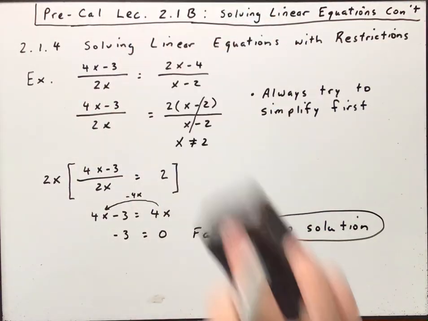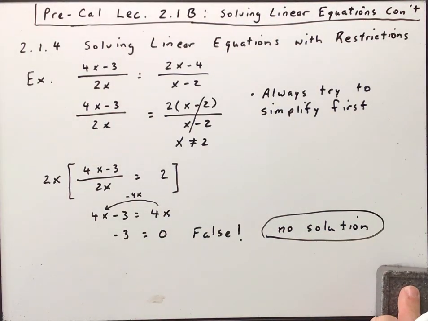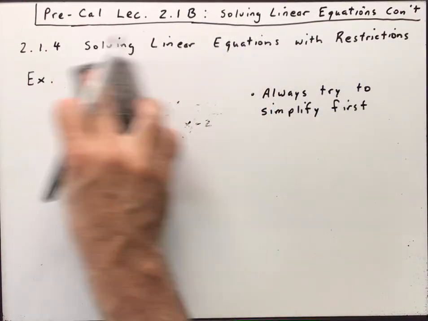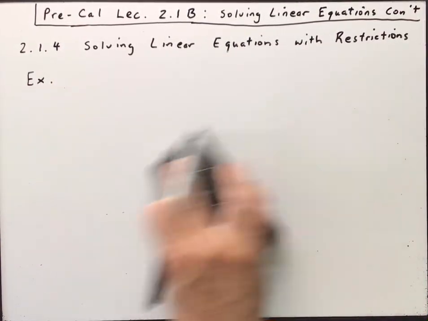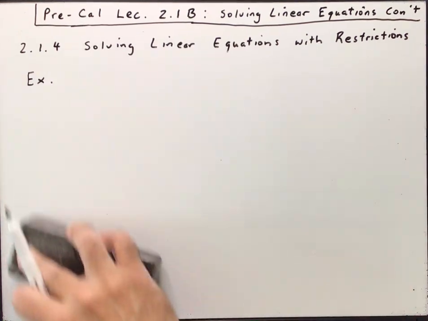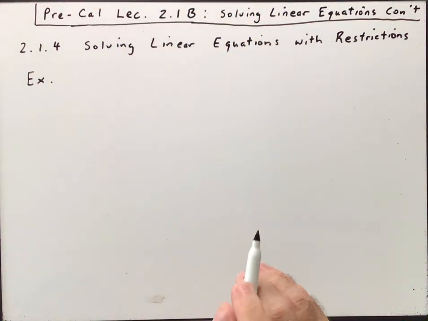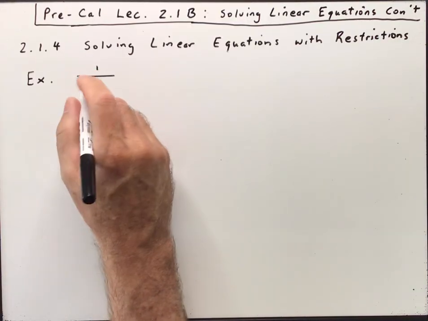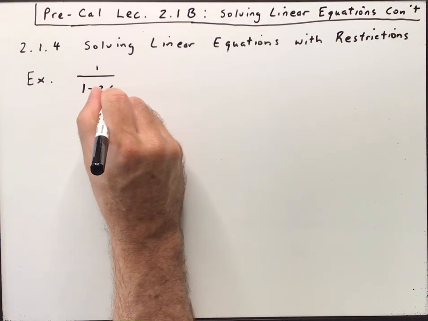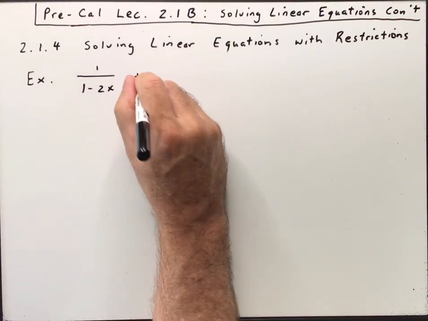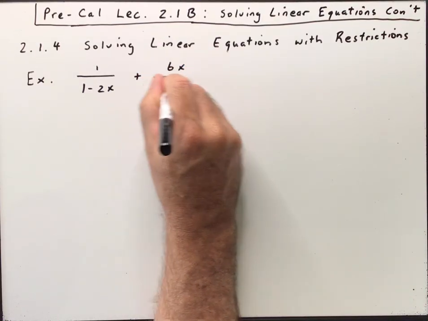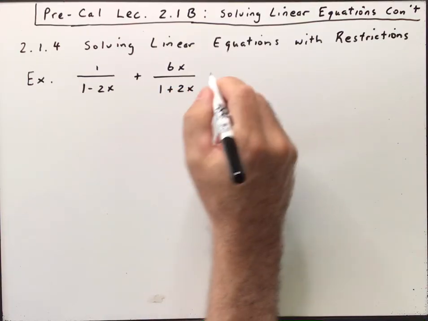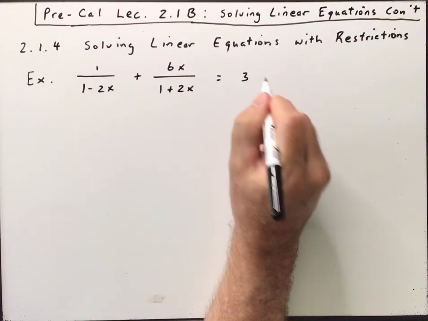All right, so our last example of this lecture will be the fanciest, where we end up having to do the most work. So let's say we have 1 over 1 minus 2x plus 6x over 1 plus 2x is equal to 3.